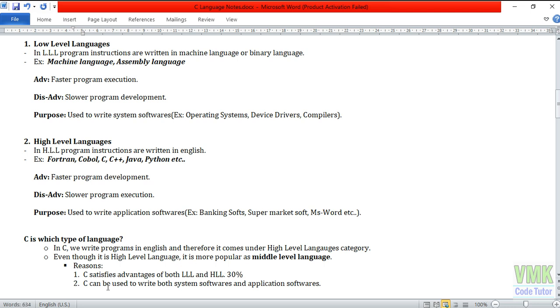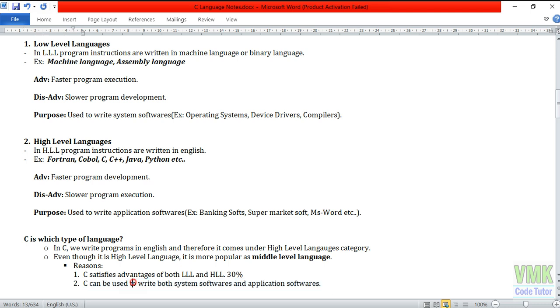The other reason, the 70% reason, is that C can be used to write both system softwares and application softwares. That is why C is not totally a low level language or totally a high level language, but is also called a middle level language.